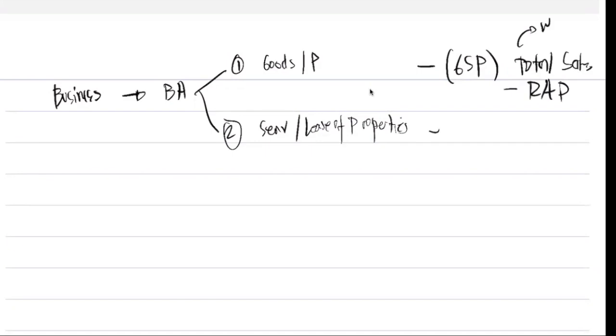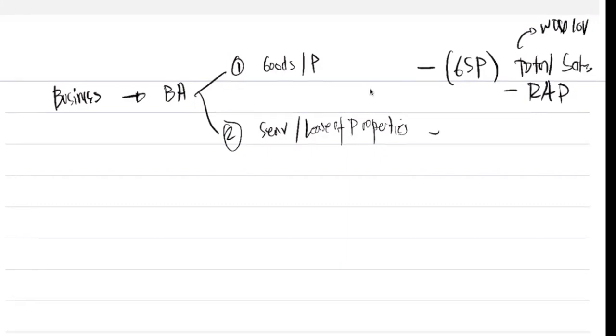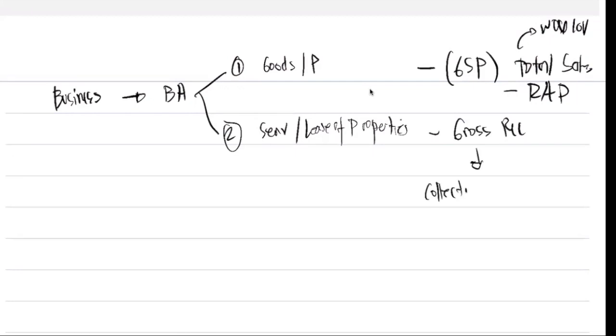So for your sales, whether or not collected. How about on your sale of services or lease of properties? We have your gross receipts. Under gross receipts, this is known as your collections, whether or not performed.